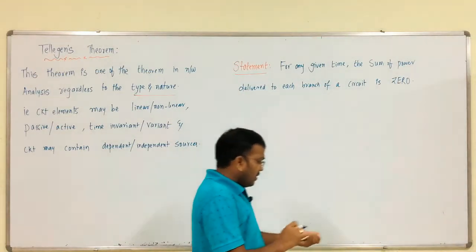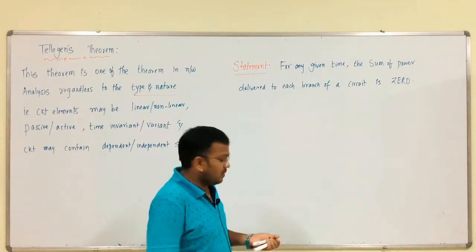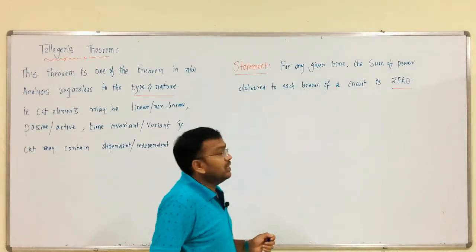The sum of power in a circuit is equal to 0. This is explained by Tellegen's theorem.